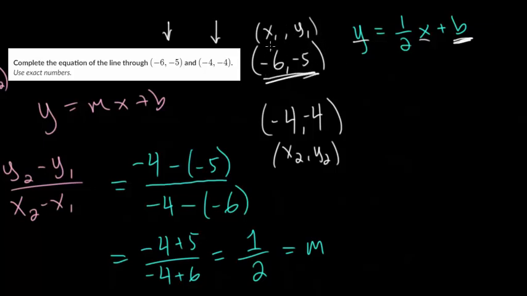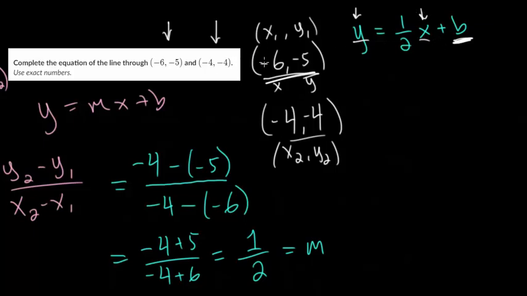So we have an x value and we have a y value. If we plug in y equal to minus 5 and x equal to minus 6, then we can solve for b. Though the truth is, you could also use this other point, plugging in minus 4 for both x and y.